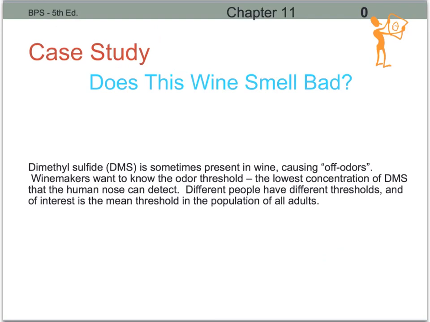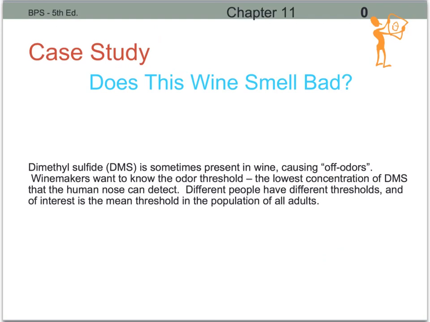So we're going to look at a case study in this and in the next video about wine that smells bad. Dimethyl sulfide, DMS, is sometimes present in wine and can cause what they call off odors. So winemakers want to know the odor threshold of the human nose. In other words, what's the lowest concentration of this stuff that most humans can detect? Different people have different thresholds, obviously.